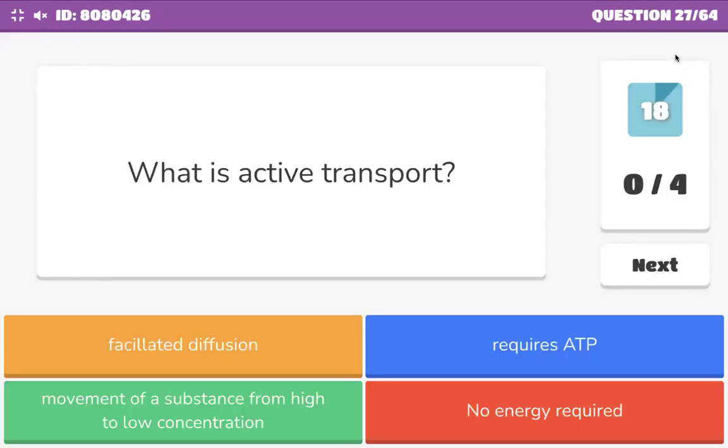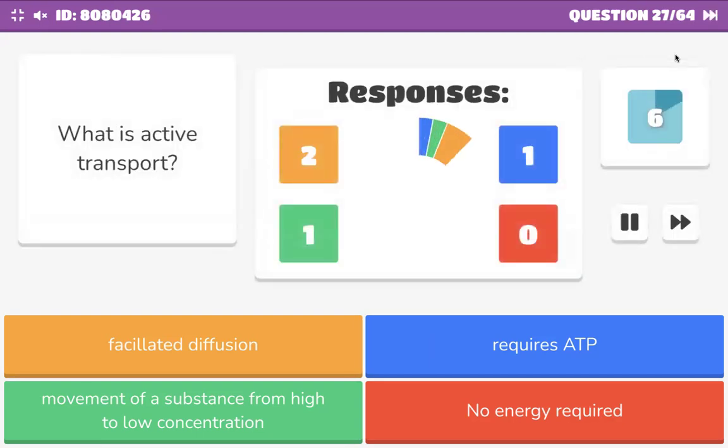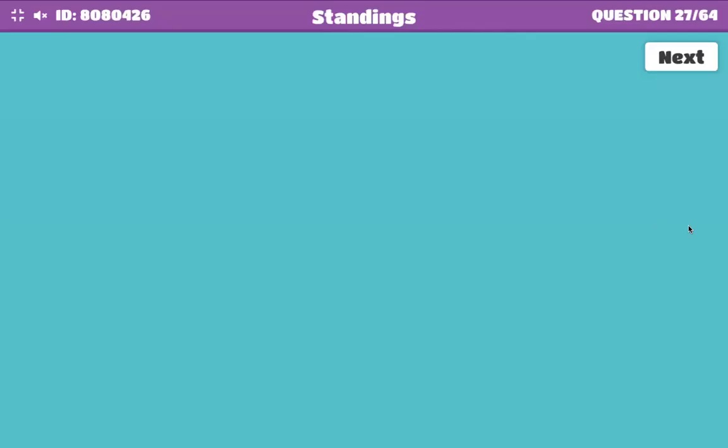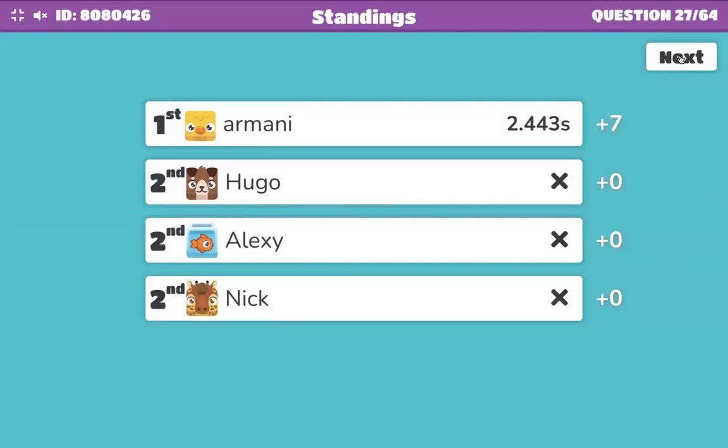What is active transport? If it requires ATP, all three of the others are definitions for passive transport.